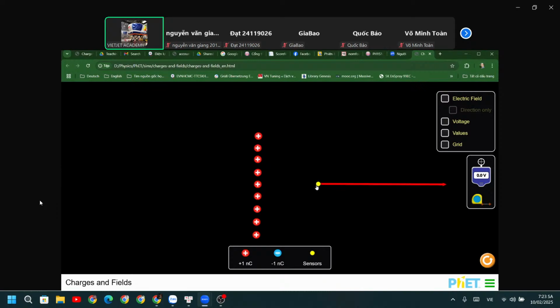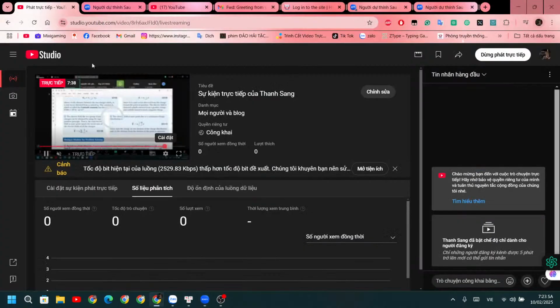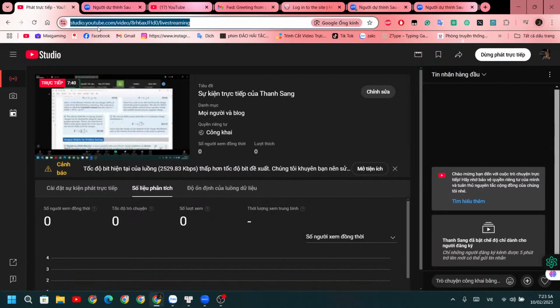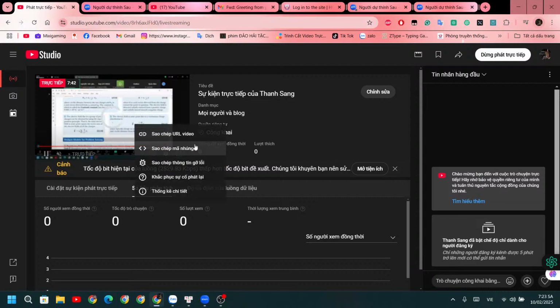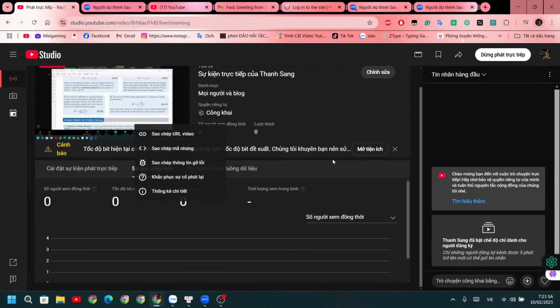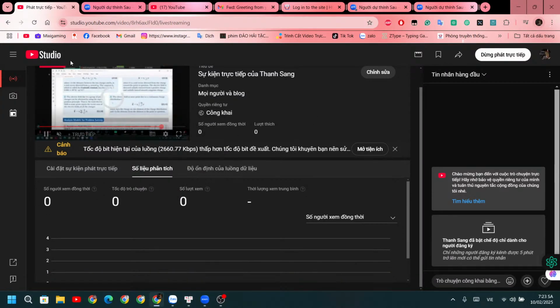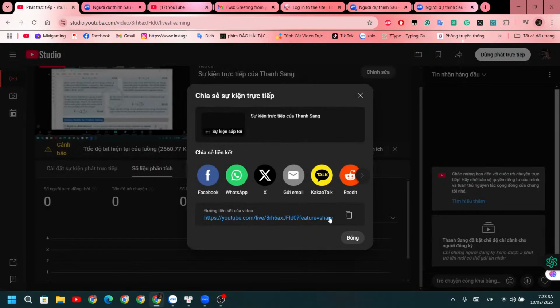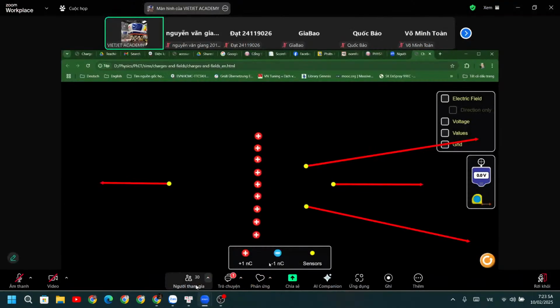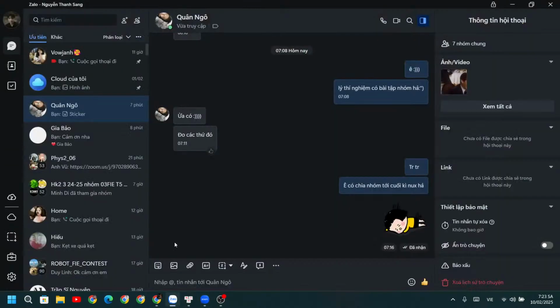If I want to know the electric field at some point here, I can put the sensors, and the computer will draw the E vector. But if I put some more charges here, then the electric field will be different.